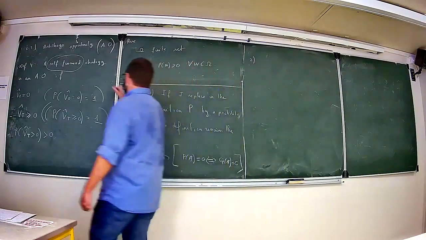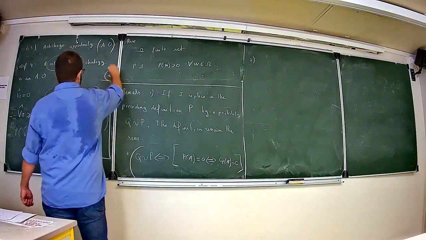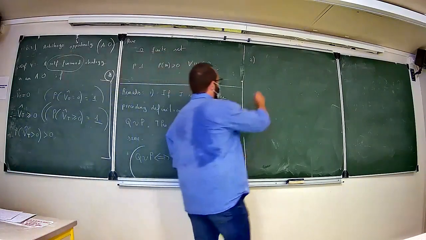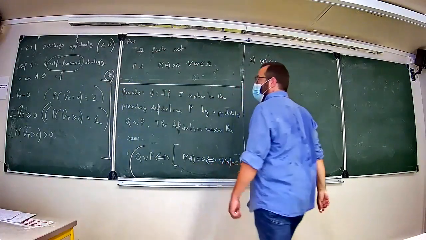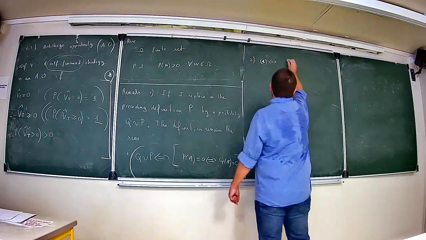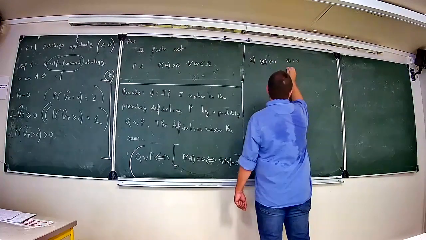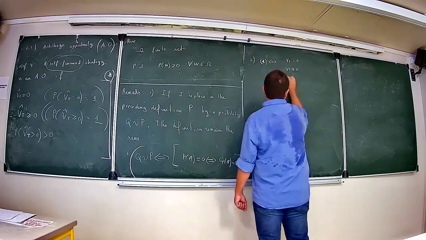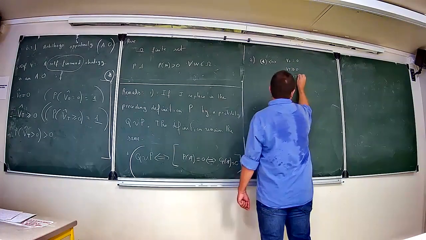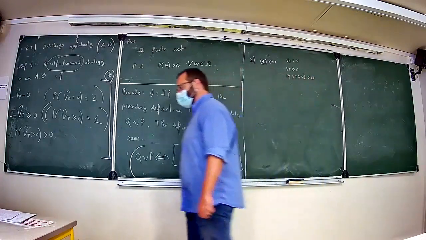So if I denote this set of hypotheses by star, I can say that star is equivalent to: V0 is equal to 0, Vt is positive, and the probability that Vt is strictly positive is strictly positive.